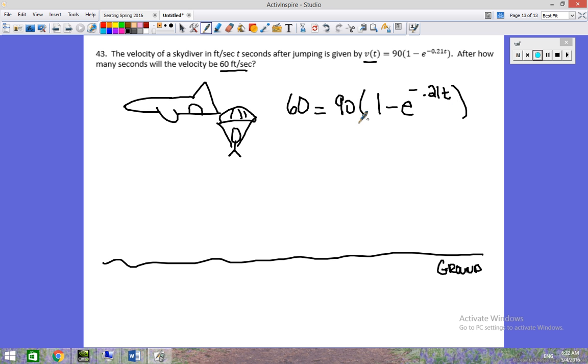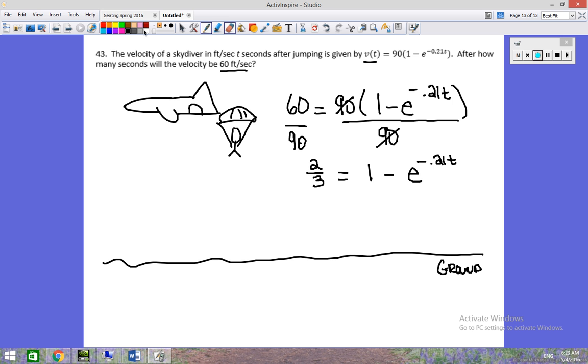Let's divide both sides of this equation by 90. 90 divided by 90 is 1, and now I just have my two terms, 1 minus e to the negative 0.21t. On the left-hand side, the zeros cancel. 6 over 9 just reduces to 2 over 3.